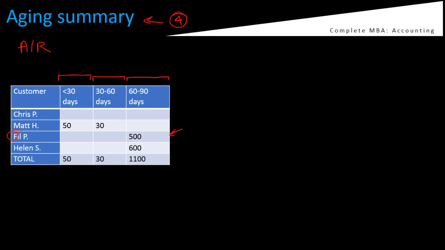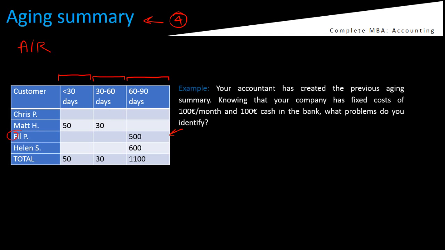Well, I hope you got the idea because now we're going to do a small exercise based on that. Imagine that your accountant has created the previous aging summary. Knowing that your company has fixed costs of €100 per month and €100 cash in the bank at the beginning, what problems do you identify? Let's see. You know that you start with €100.